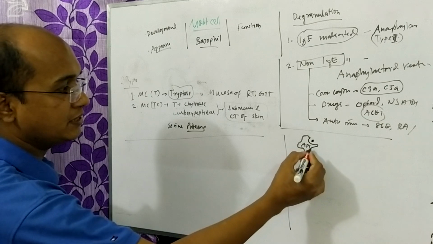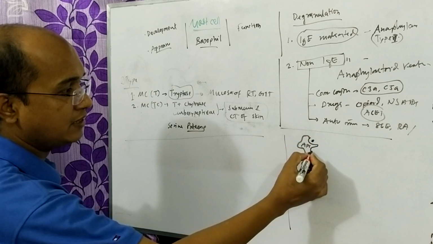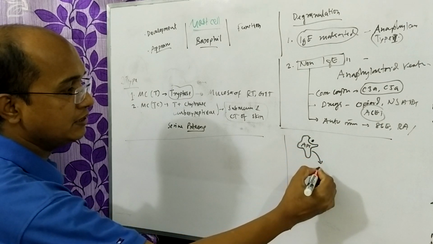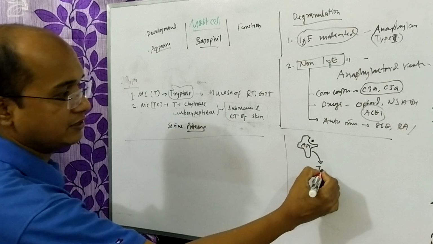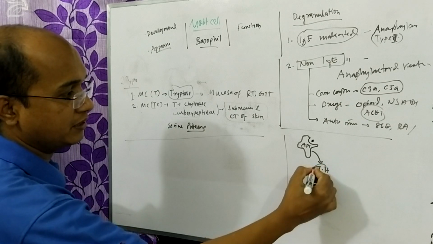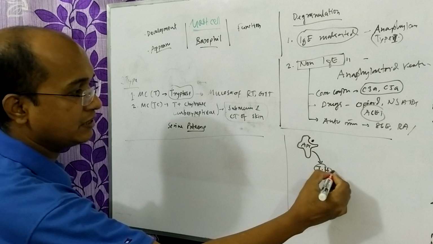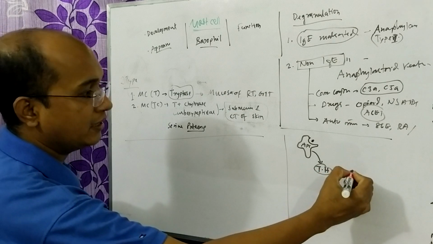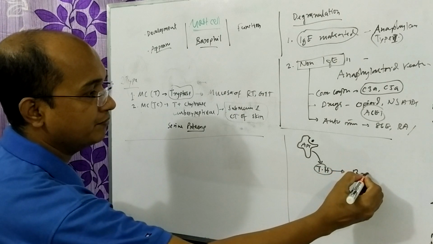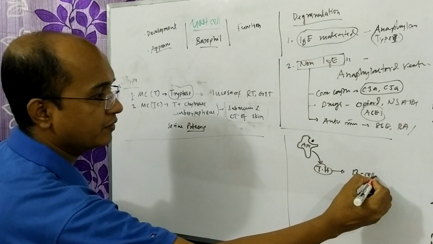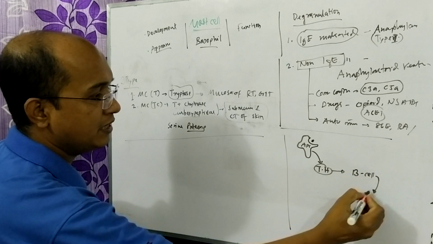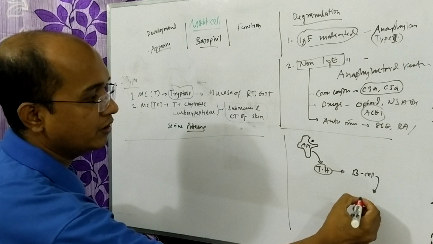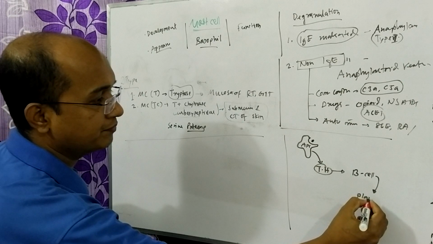These antigen presenting cells will present this processed antigen to the T cell, that is, the helper T cell. These helper T cells then activate the B cell. The activated B cell will be differentiated into plasma cell.